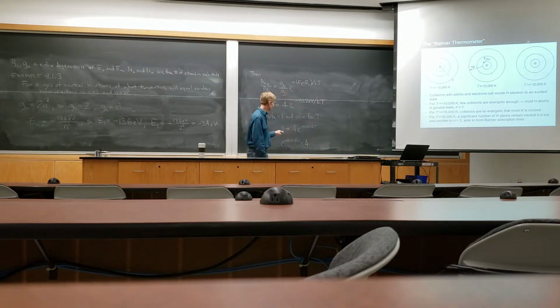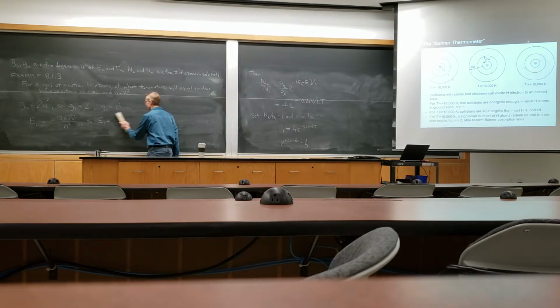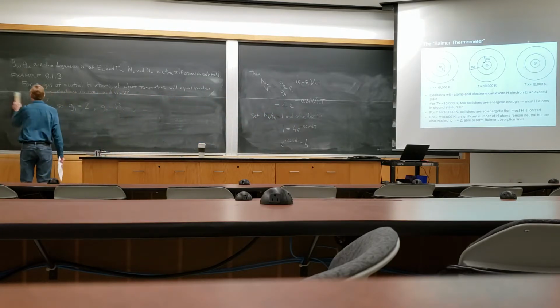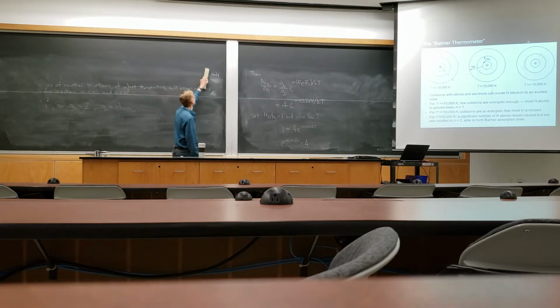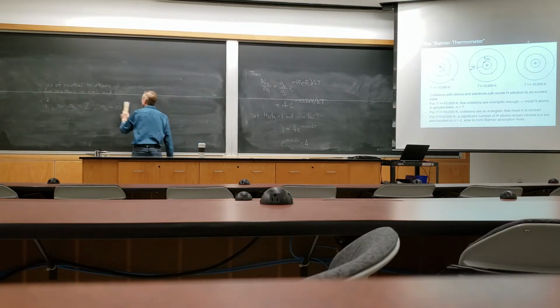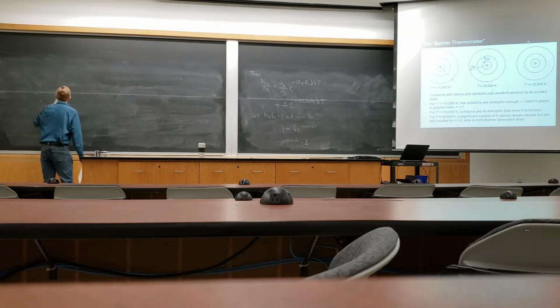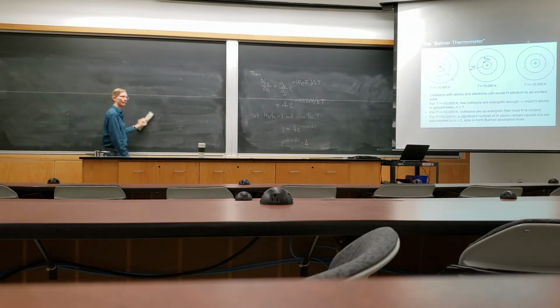I got that by saying 1/4 is e to the minus that, and then if you take reciprocals, 4 is e to the plus that. Then we take the natural log.